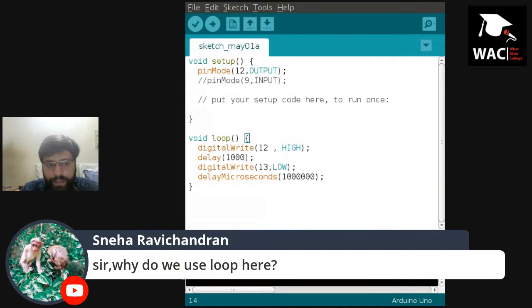Okay, done compiling. So this done compiling means that the code is valid and okay, so we can process the code further.